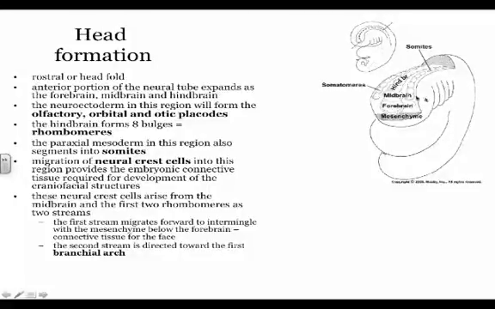We have 8 folds here called rhombomeres. I don't really ask that. The paraxial mesoderm, we have somites. We have neural crest cells migrating to this area that becomes the connective tissue for face development.